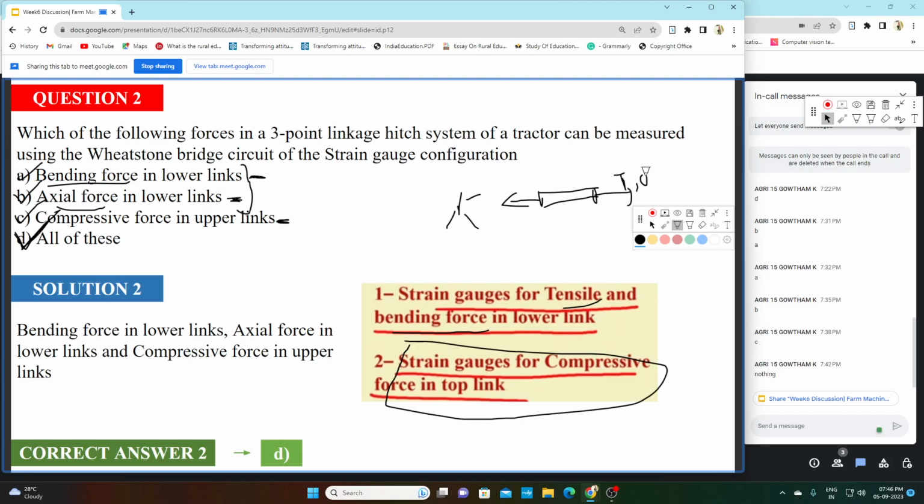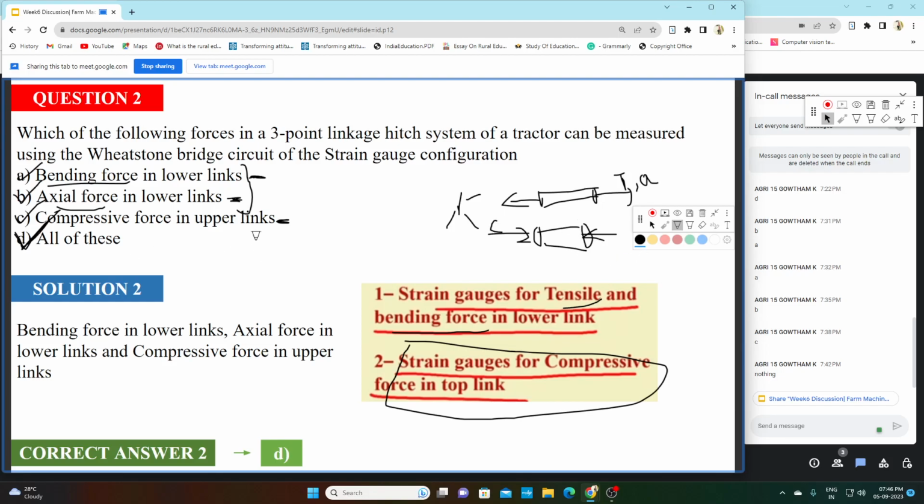Okay, the pulling force. Another type of force is your compressive force. If this bar is subjected to compression, that means inward force, that is known as compressive force.